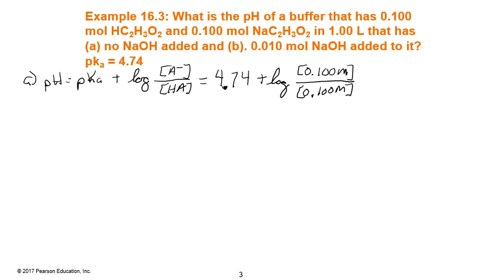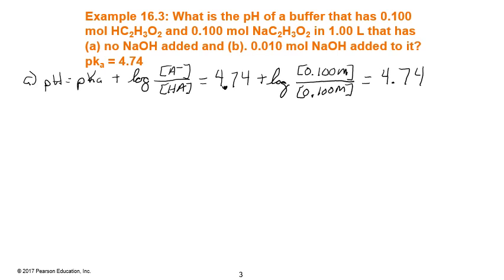The log of 0.1 divided by 0.1 is the log of 1, and the log of 1 is 0.